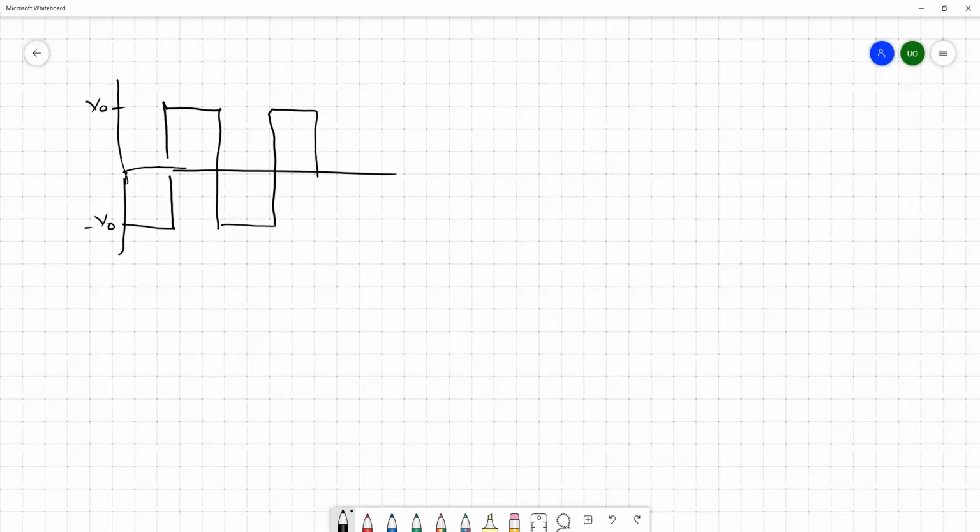So during this block, you have the capacitor here, you have a load here, this is short circuit, and you have this kind of voltage.